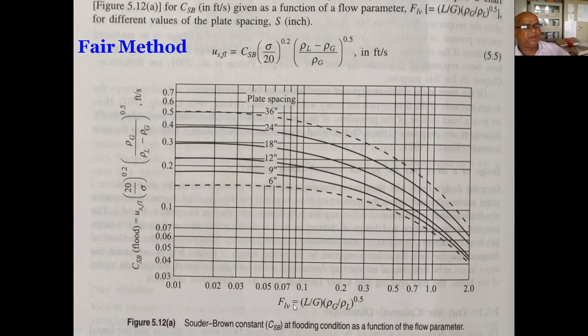And what is the flow parameter? It is liquid flow rate by gas flow rate into (rho g by rho L) whole to the power 0.5. I know the liquid flow rate and gas flow rate, and I have the average densities of gas and liquid, so I can calculate this easily. Now I will take the tray spacing, but I don't know the column diameter.